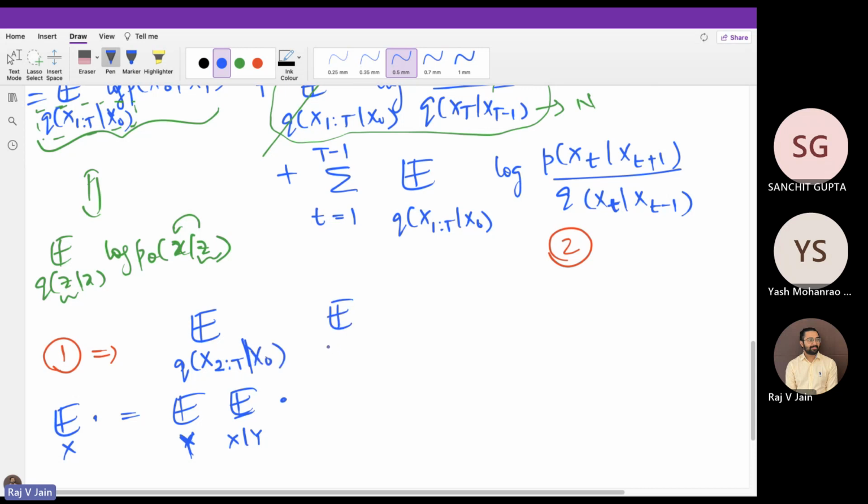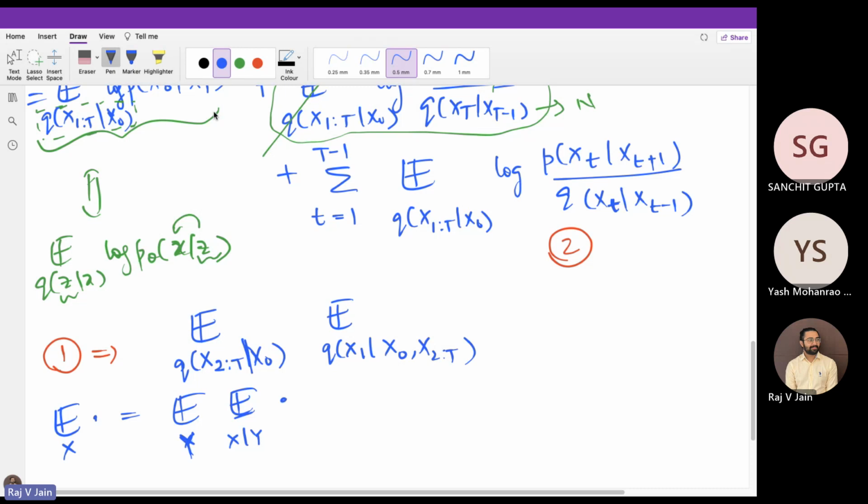Then I write the expectation over x1 given x naught and x2 to T.